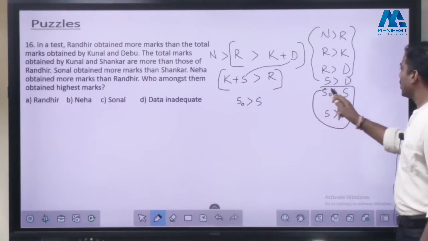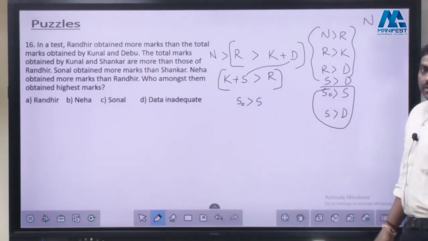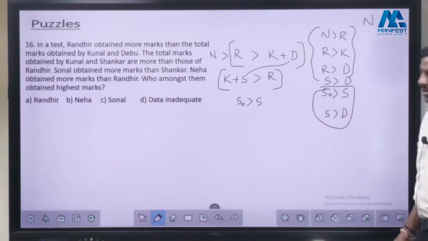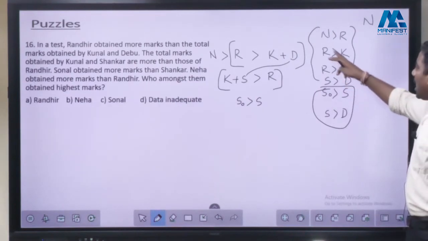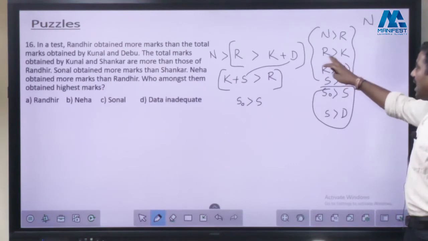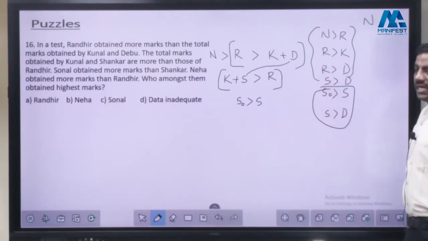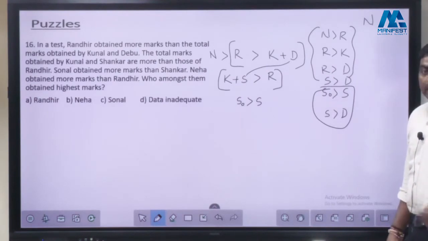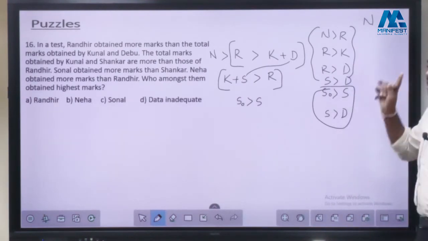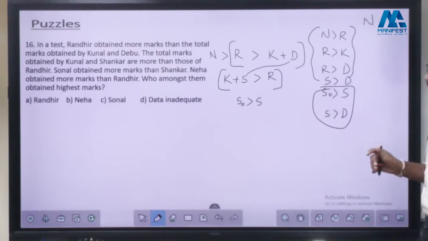Among these, N is the undisputed winner. R is more than D. R is more than K. S is also more than D, but by how much we don't know. In all this, I can say only one thing, that is N is the winner.